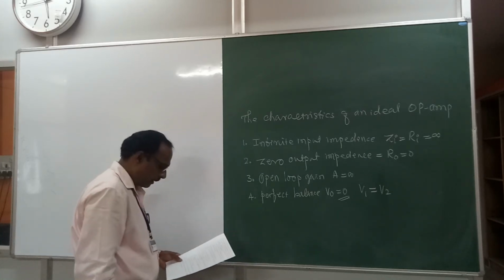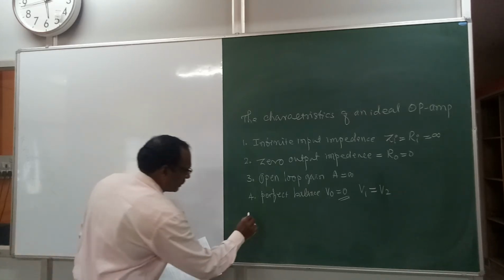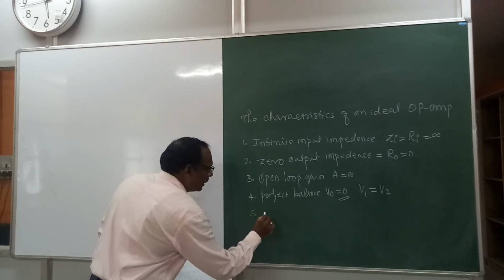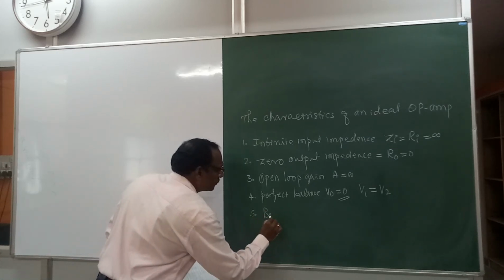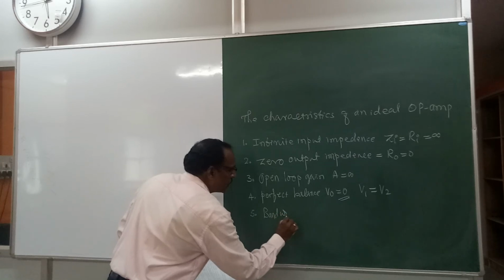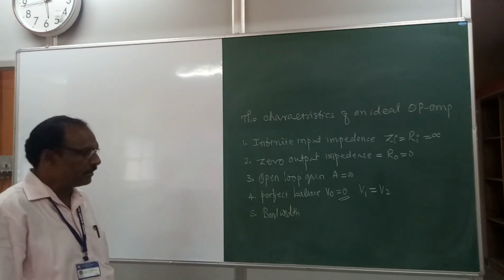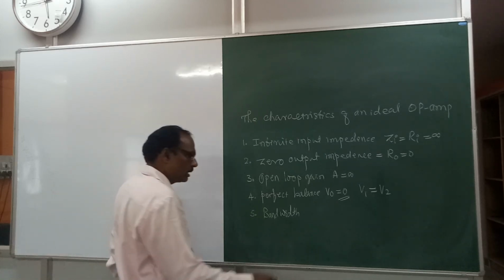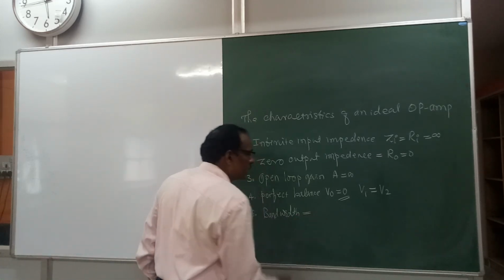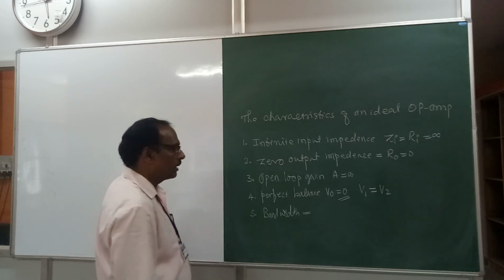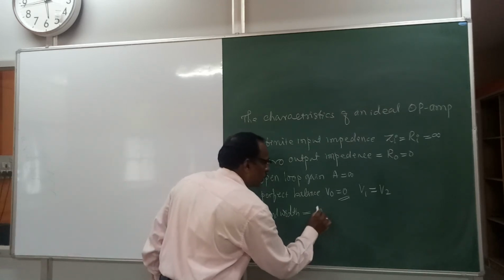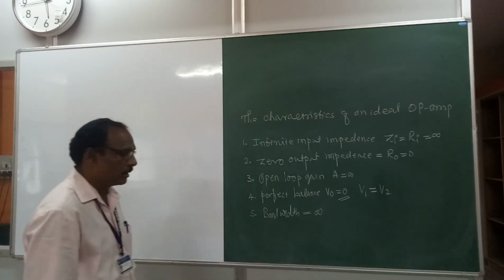Fifth, we'll go for bandwidth. See, this is an amplifier IC. It is an operational amplifier or amplifier IC. The bandwidth of this operational amplifier, for an ideal operational amplifier, is infinite.